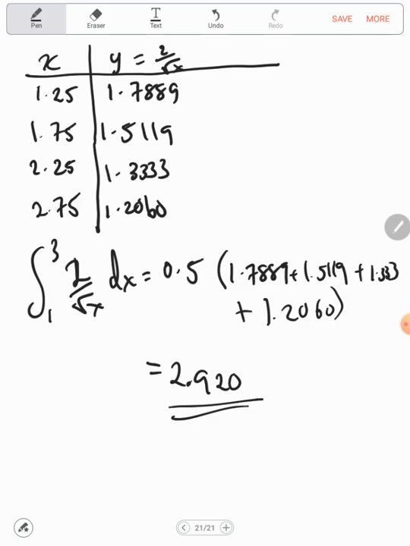Okay, so this is our answer when we use the midpoint rule.